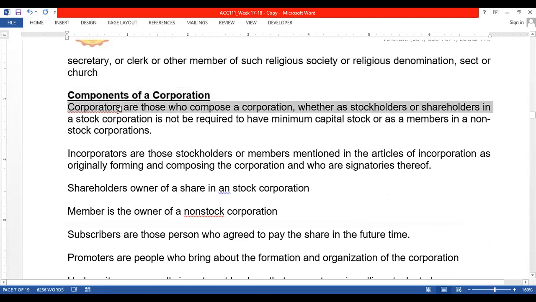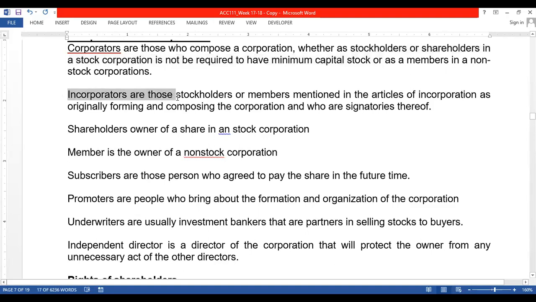The corporation is composed of corporators. Corporators ang tawag sa mga members o yung mga stockholders or shareholders in a stock corporation. Okay? So it is not required to have a minimum required capital stock as a member in a non-stock corporation. So incorporators are these stockholders or members mentioned in the articles of incorporation as originally forming, composing the corporation and who are signatories thereof.